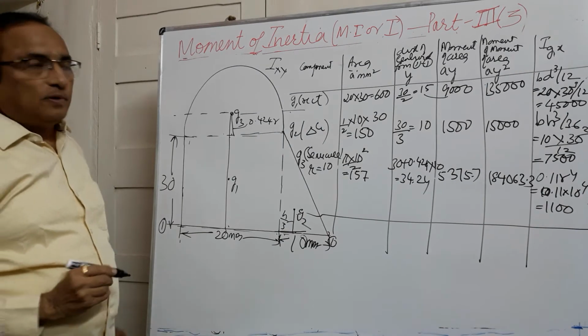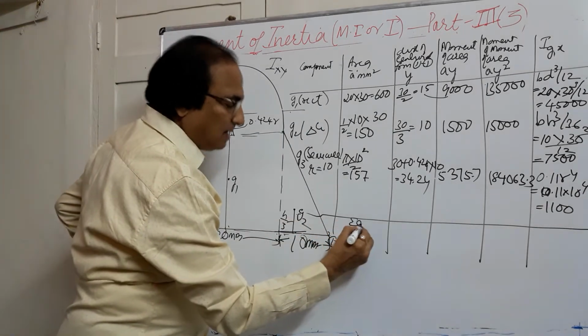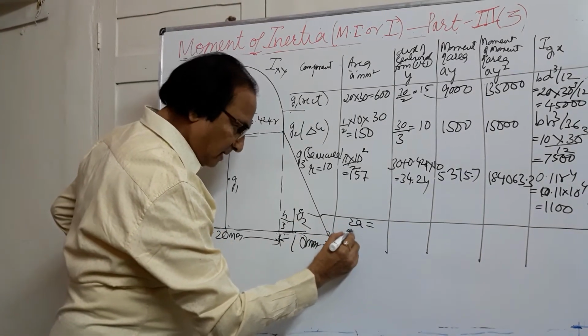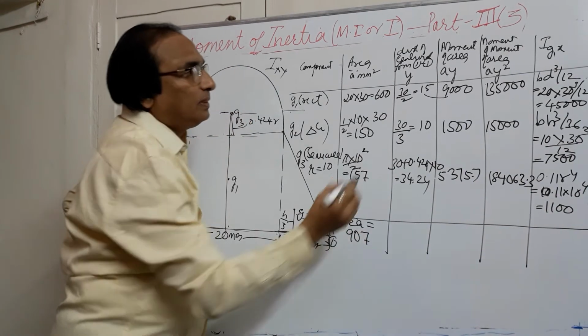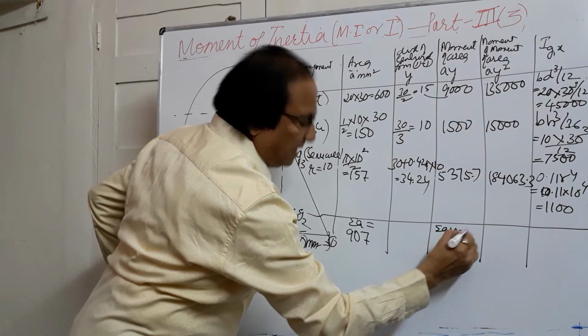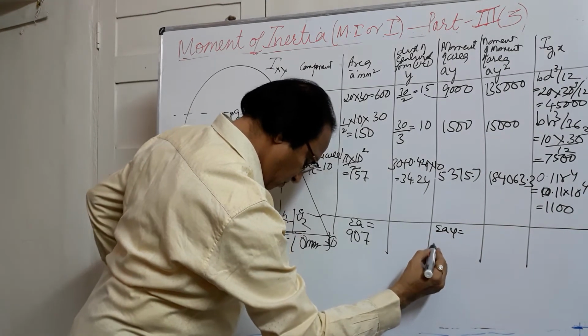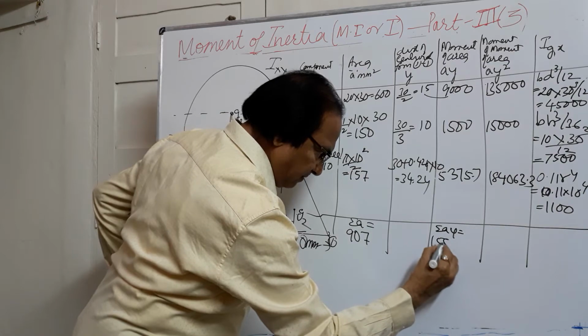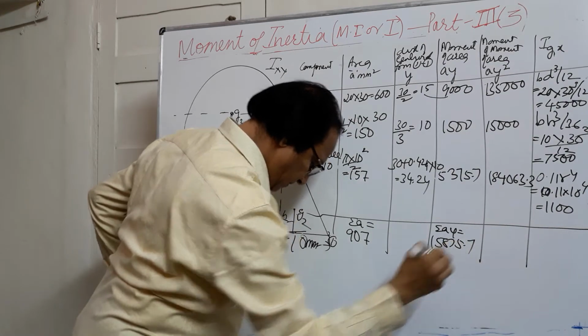Now all the components are over, we will find out sigma A. So sigma A is given by 907. We need sigma AY. Sigma AY will be equal to 15875.7.